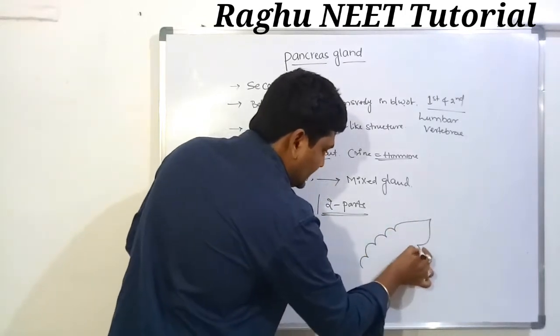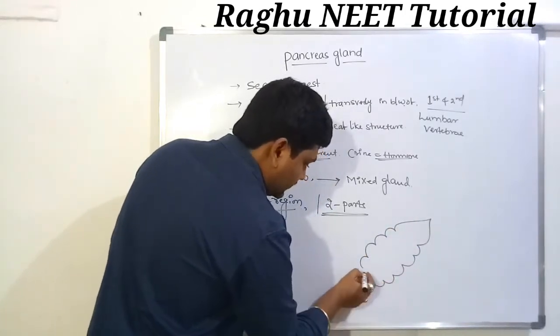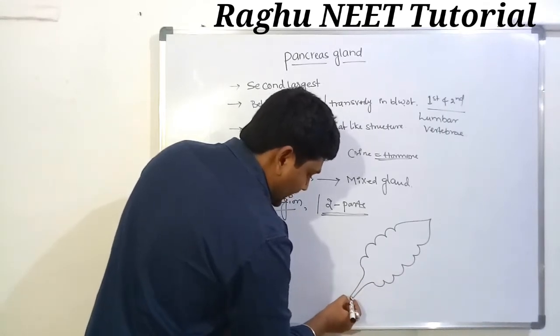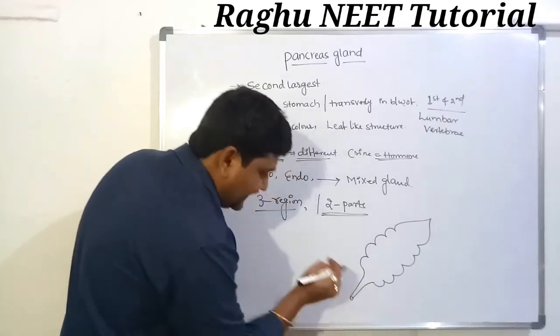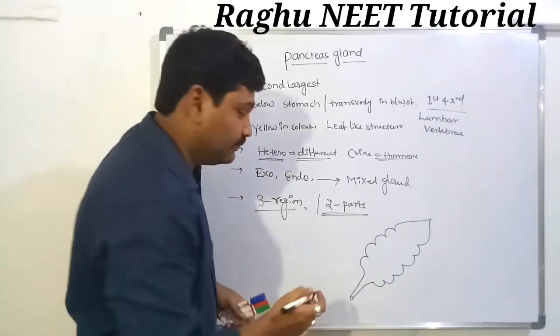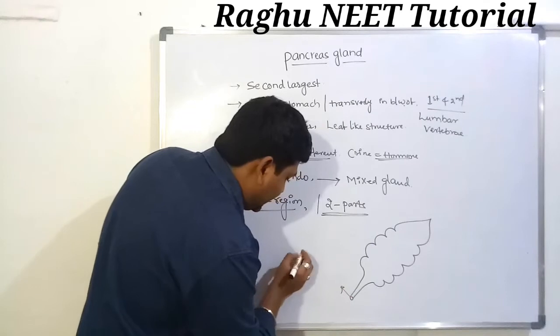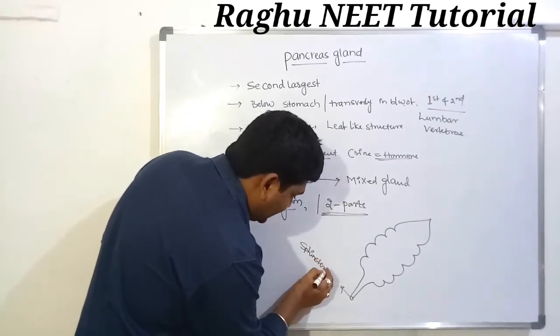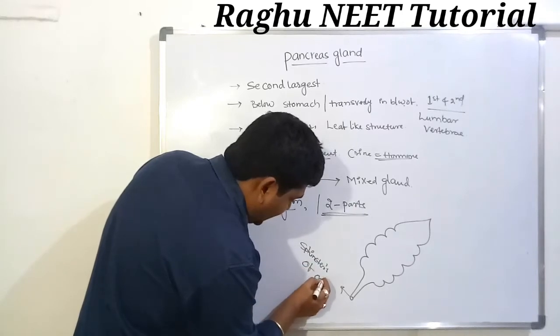It is a leaf-like structure, known as the pancreas gland. This is the pancreatic duct, which connects with the duodenum region through the sphincter of Oddi.